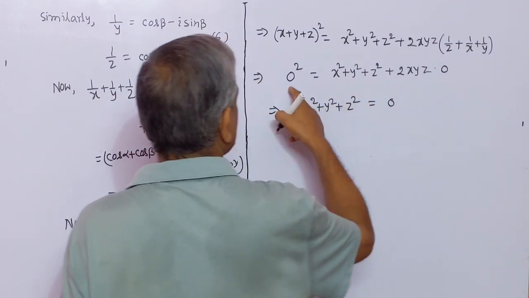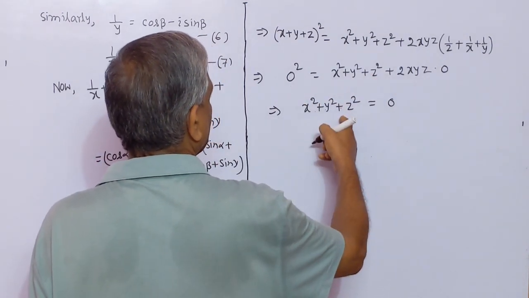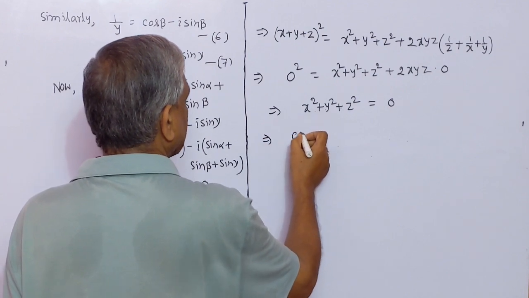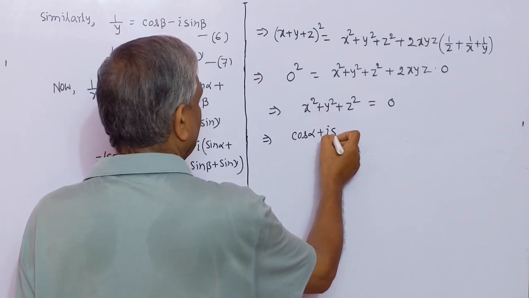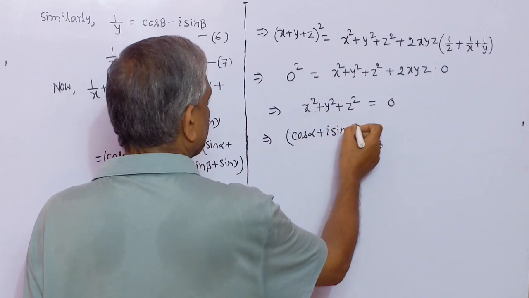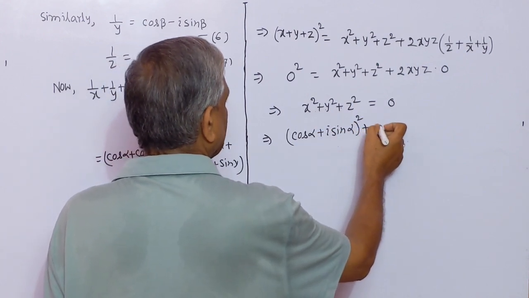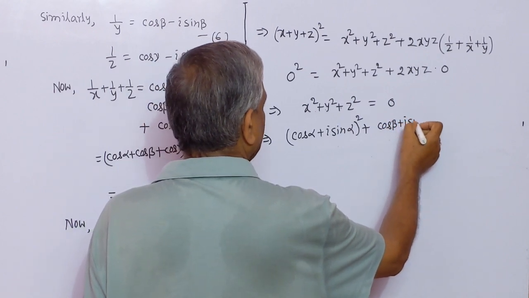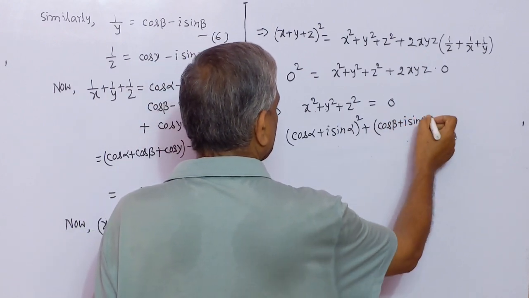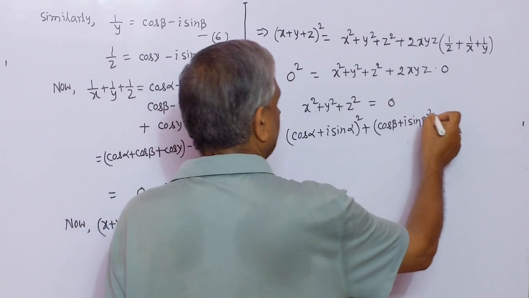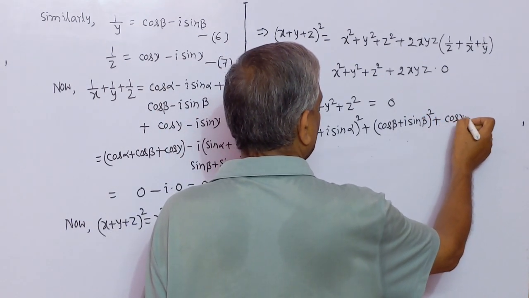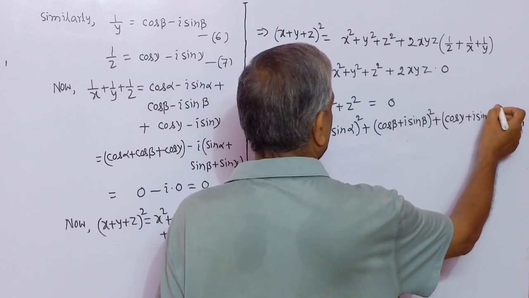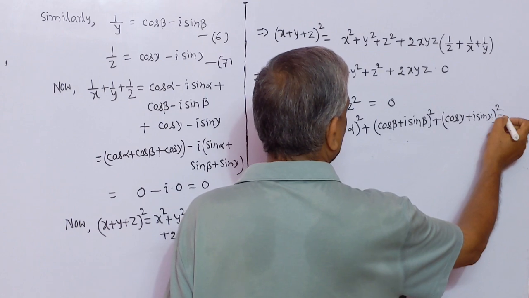This is 0, this is 0, only remains x square plus y square plus z square equal to 0. Since x is cos alpha plus I sin alpha whole square, plus y means cos beta plus I sin beta whole square, plus z square means cos gamma plus I sin gamma whole square, and this is equal to 0.